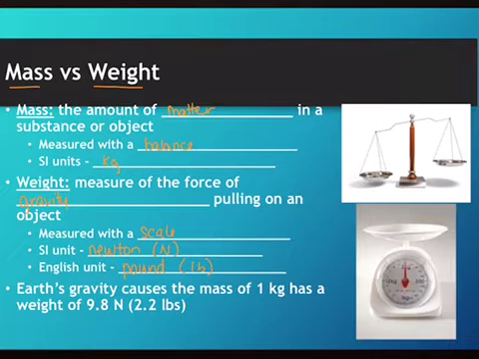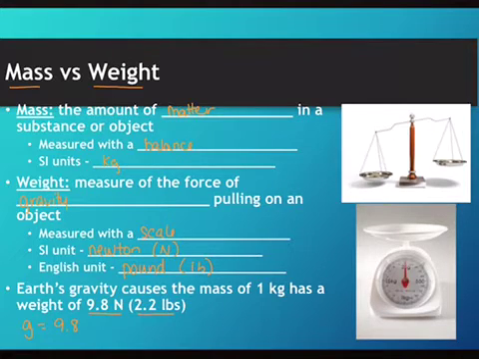And so on Earth, gravity causes the mass of 1 kilogram to have a weight of 9.8 newtons or 2.2 pounds. And so it's important to notice that Earth's gravity has a value, and that would be 9.8.